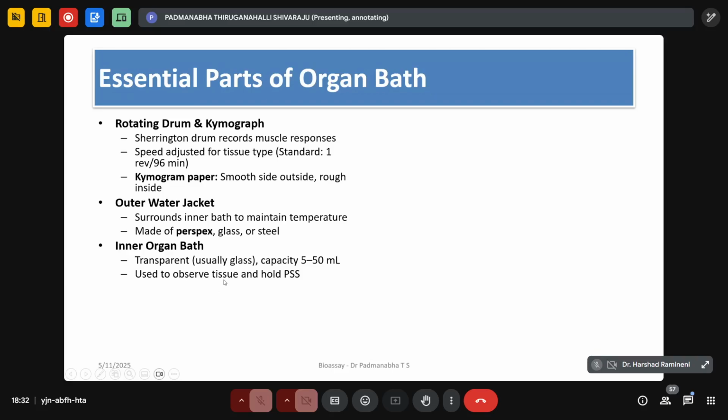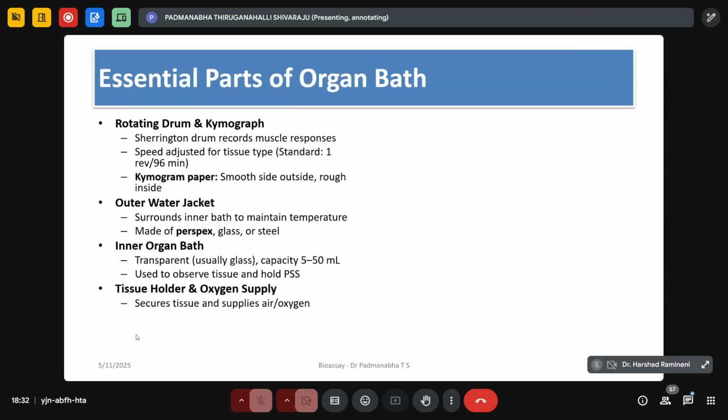Whenever you have done an experiment, you can see a very beautiful thing in how the tissue contracts when you are dealing with rat ileum, mice, guinea pig ileum, or even chicken intestine. You can see a beautiful response in how it contracts and how the contractions are reflected as the response on the kymogram paper.